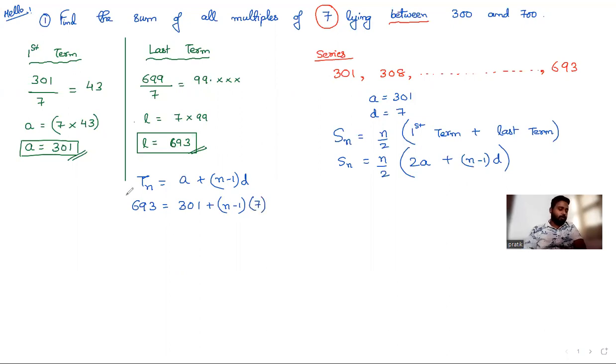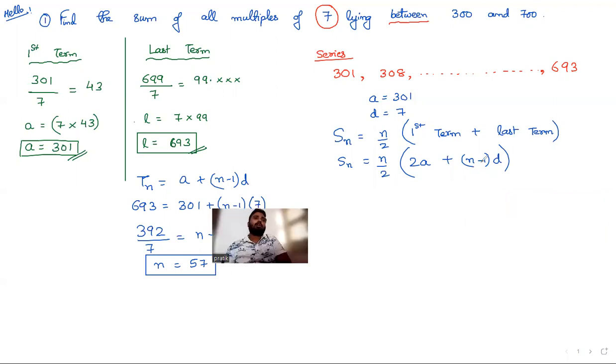So when you do this, it's 693 minus 301, which is 392. This 392 is divided by 7 to get n minus 1. So n from here turns out to be 57. So there are basically 57 terms between 300 and 693.